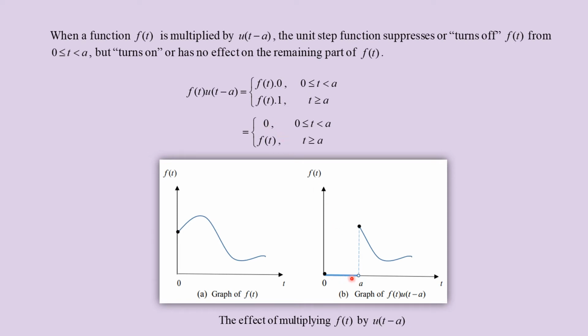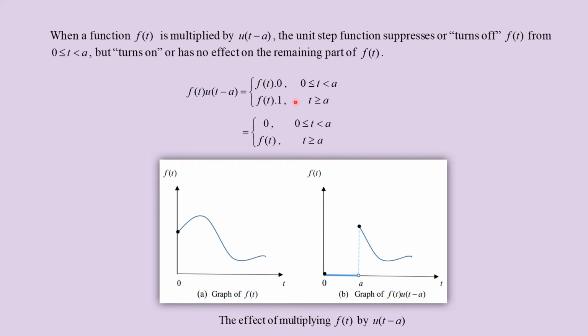But for t larger than or equal to a, the function picks up by itself. So this is the function f(t). Originally the function looks like this. Now this portion of the graph has been turned off to 0 when we multiply f(t) by u(t − a), whereas the remaining part of the graph remains the same as the original one, starting from t larger than or equal to a.